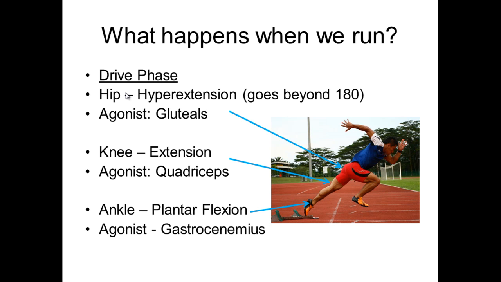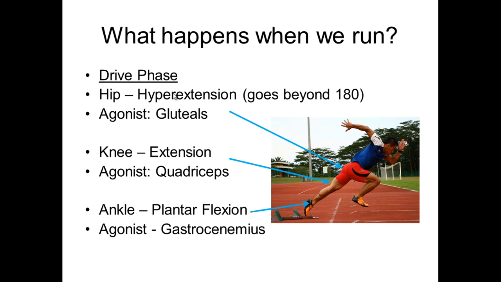Now in this position, if you look at his hip, the angle between his upper leg here and his chest, around just above where his hip is, is quite wide. If we looked at that angle coming around from there round to his lower leg, in this case it can actually go beyond 180, which is why this can be referred to in the drive phase as hyperextension.